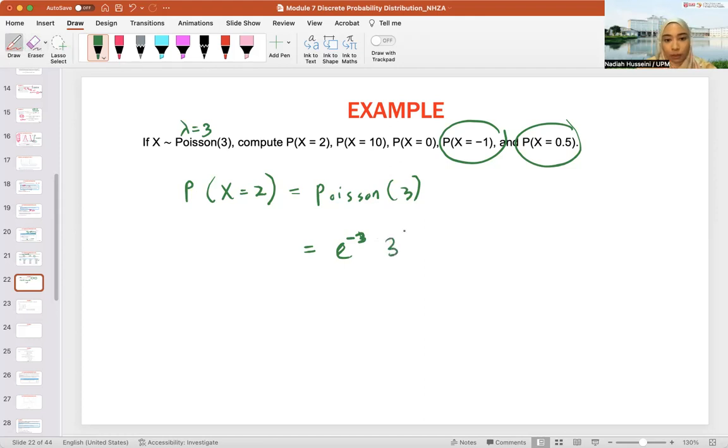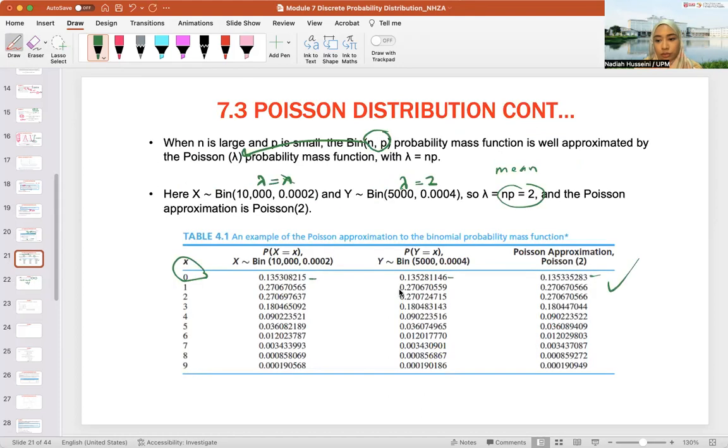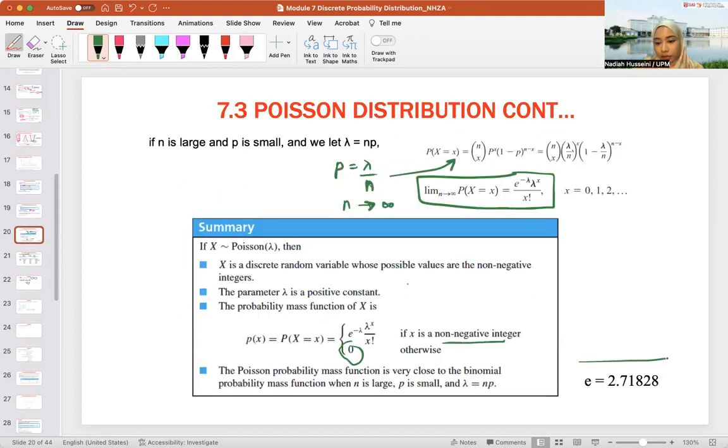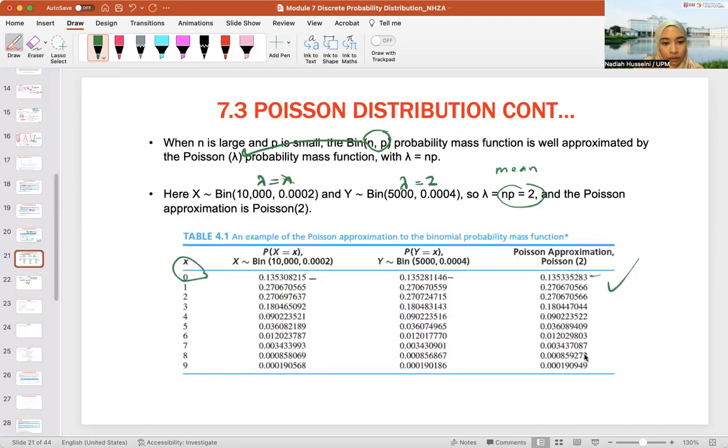Okay, 3 to the power of x, x is 2, over x factorial, which is 2 factorial. So use your calculator, fairly easy. You have your function e in the calculator. But don't memorize this, just use your calculator, or you will add a headache to yourself.